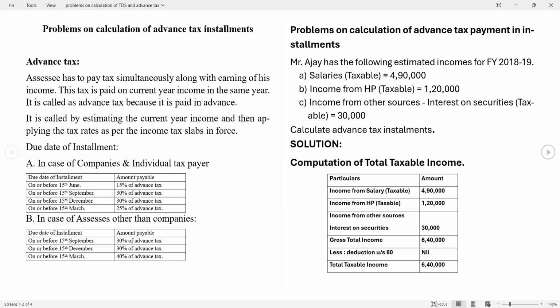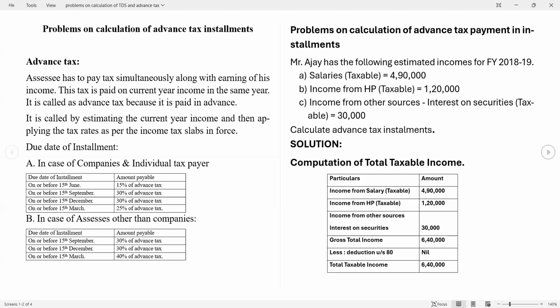Up to 2,50,000, 0% is applicable, so nil amount payable. From 2,50,000 to 5 lakhs, the 5% slab applies. From 5 lakh, if you deduct 2,50,000, on 2,50,000 you take 5%, you will get 12,500.